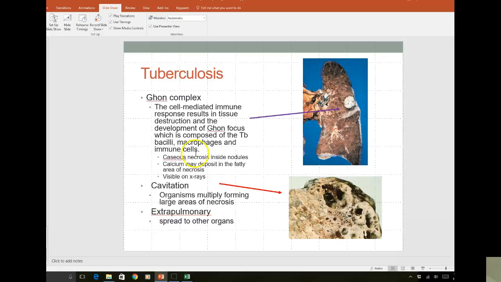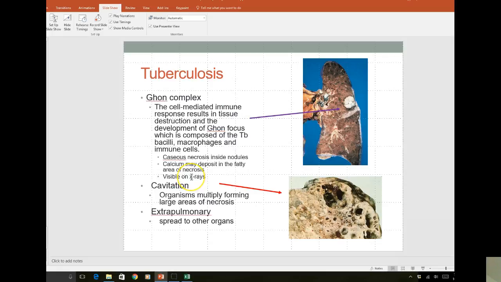This next slide shows a Ghon complex. That's that healed lesion. This is where the cell-mediated immune response isolates the bacteria, but this complex is composed of not only the bacteria but macrophages and other immune cells. And we get the development of caseous necrosis inside.